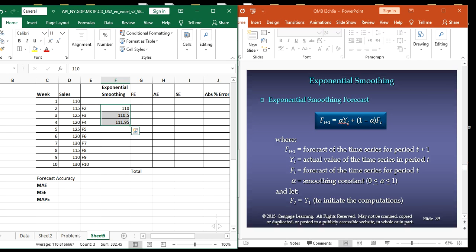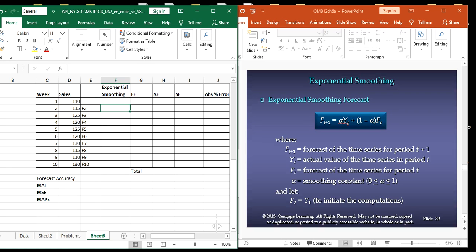In this case, if we want to estimate week 3, Y t is 110.